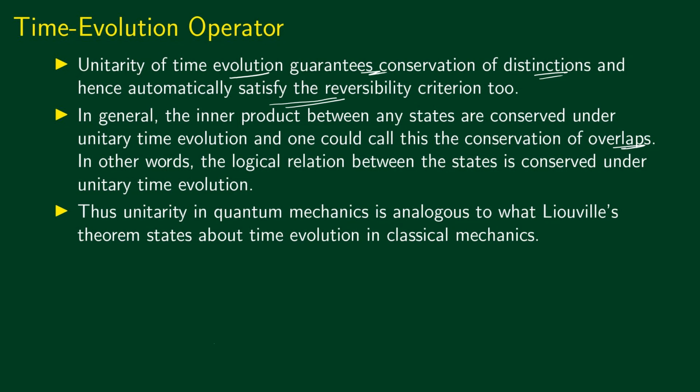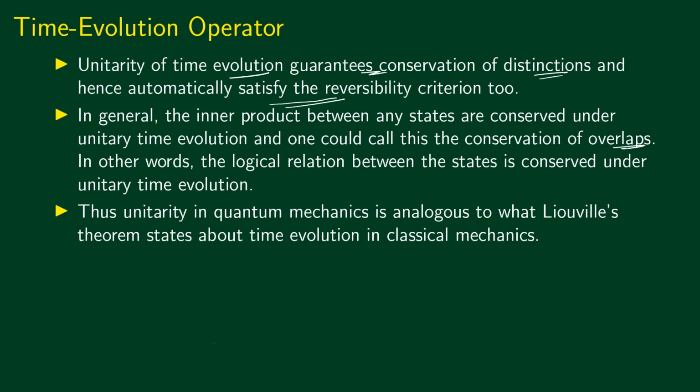Now, this is very similar to what we saw when we discussed Liouville's theorem of classical mechanics, where the distinctions are preserved. Not only are the distinctions preserved, they don't merge together. The time evolution does not bring the trajectories closer.